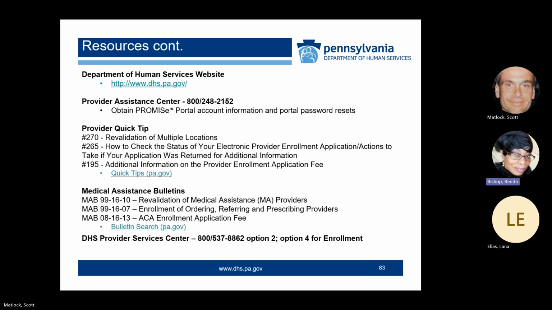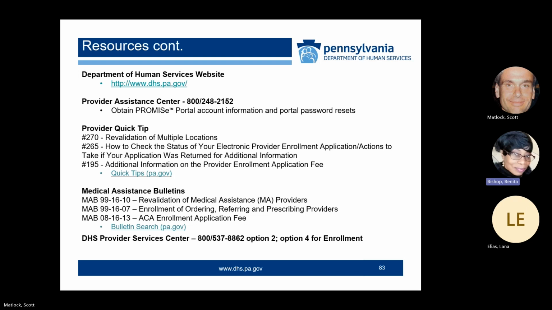We have the Provider Assistance Center, which handles Promise Portal account information and portal password resets. So anytime you have an issue with your application or Promise, please call this number and they will be able to help you. We have our Provider Quick Tips. And here's your link.